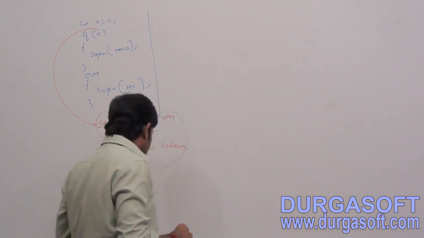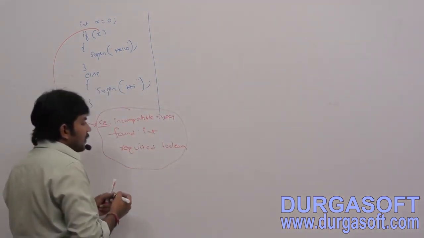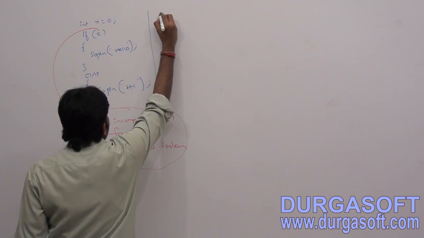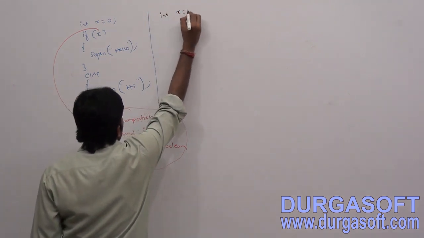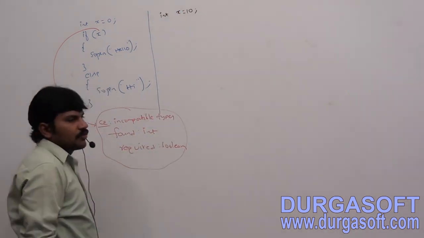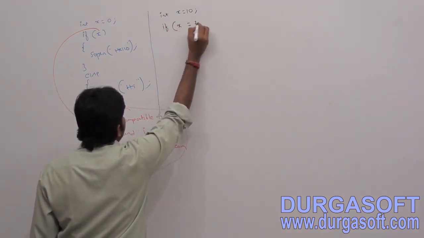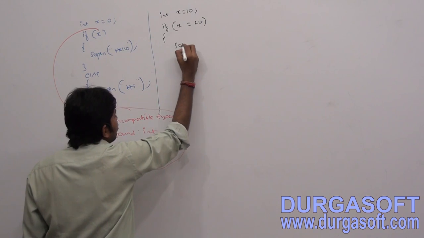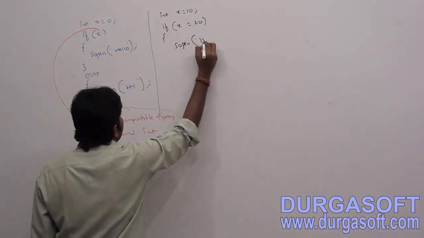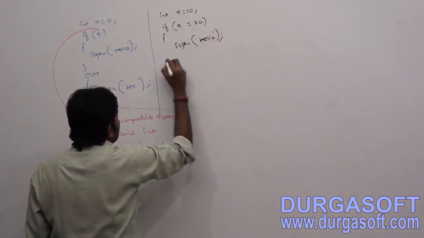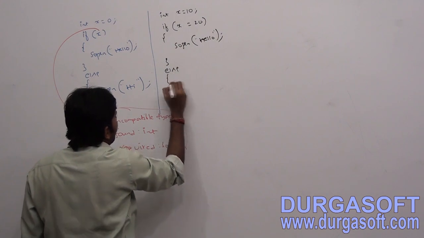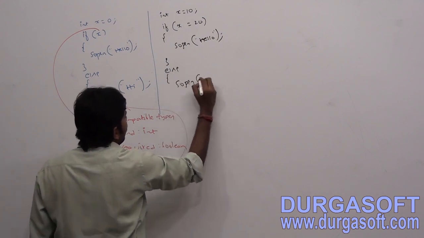Now, next one, listen. Int x is equal to 10. If of x is equal to 20, System.out.println of hello, else System.out.println of hi.